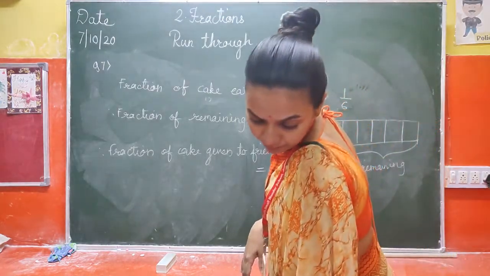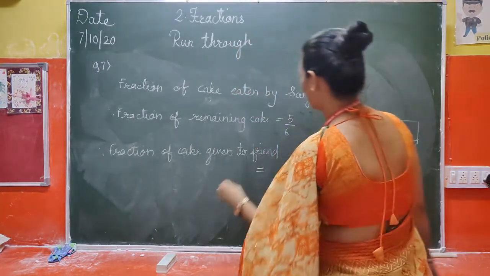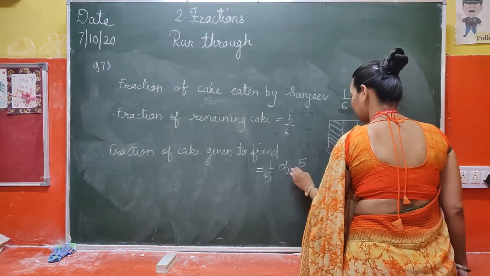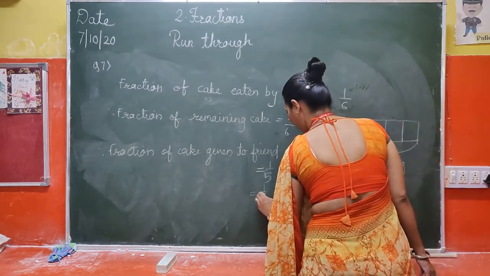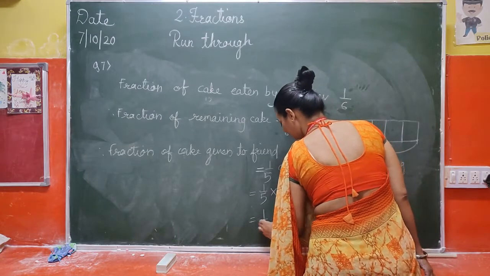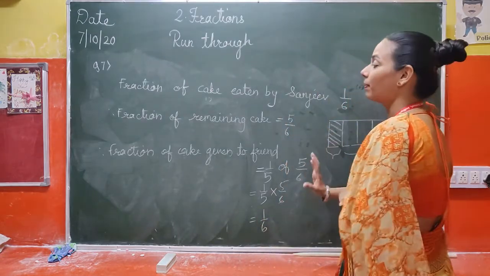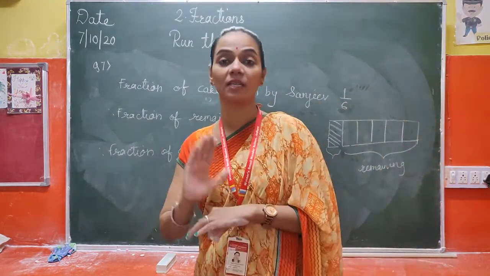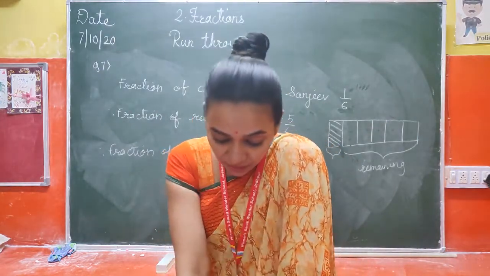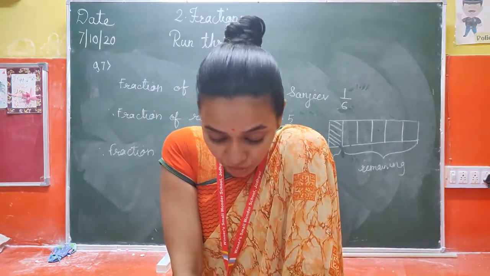He has given 1/5. So 1/5 of 5/6, that is 1/5 into 5/6, that is 1/6. Again, 1/6 part is given to the friend.